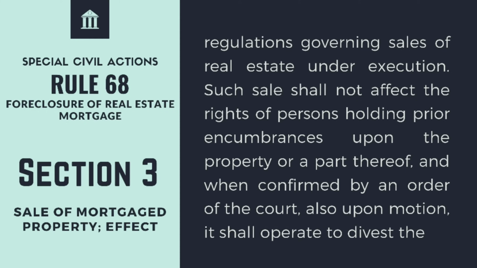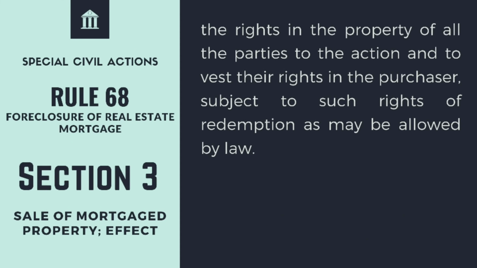Such sale shall not affect the rights of persons holding prior encumbrances upon the property or a part thereof, and when confirmed by an order of the court, also upon motion, it shall operate to divest the rights in the property of all the parties to the action, and to vest their rights in the purchaser, subject to such rights of redemption as may be allowed by law.